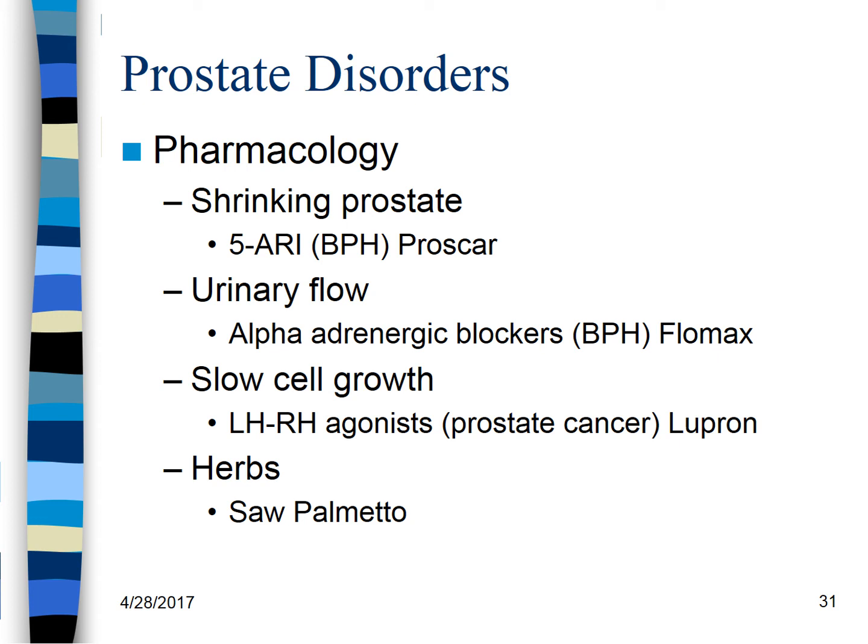So again, it is important if they are on a luteinizing hormone releasing hormone medication that they do know the side effects of hot flashes and flushing, but this will focus on reducing androgens to slow the cell growth, which would be a risk for the prostate cancer.